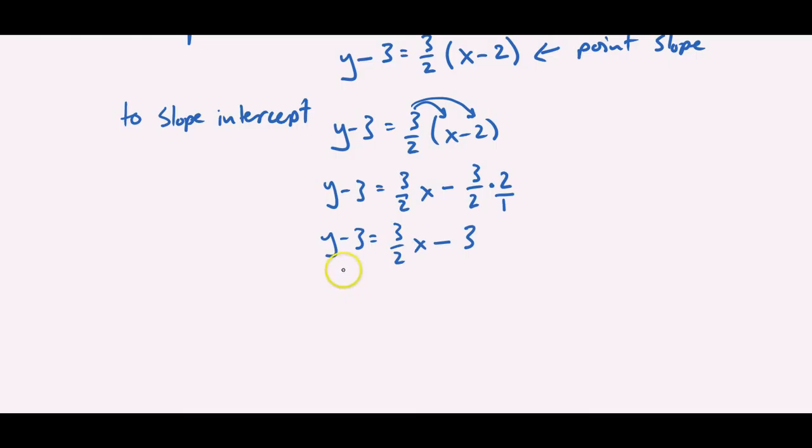Continuing, since I want slope-intercept form, I would like to have y all by itself. I do not want the negative 3 there, or the minus 3. So to remove that, we will add 3 to both sides. So we get negative 3 and a positive 3 will be 0. y equals 3 over 2x. Negative 3 and positive 3 is also 0.